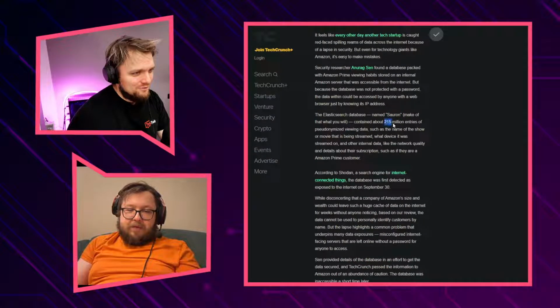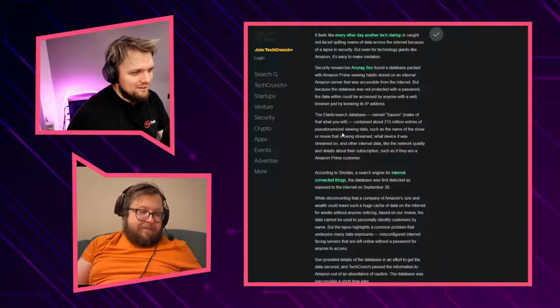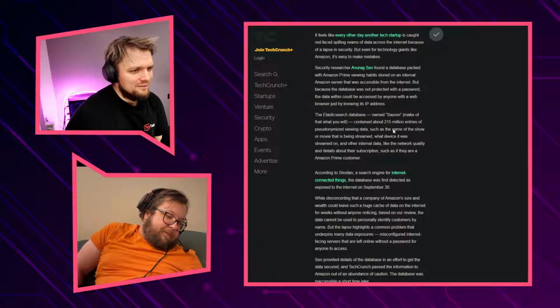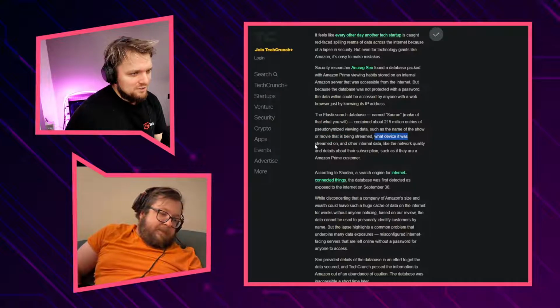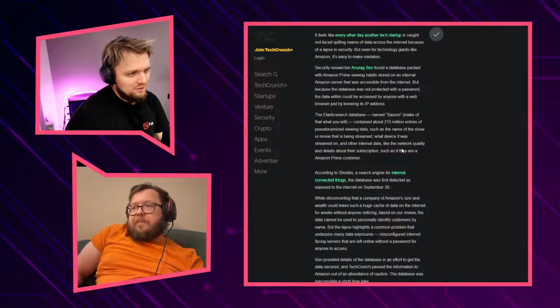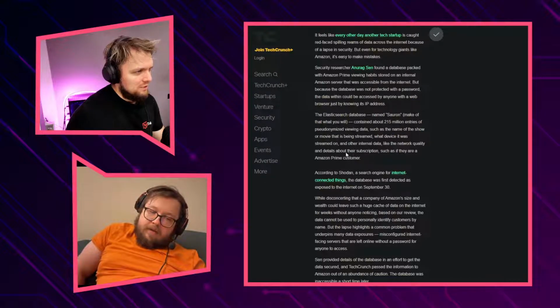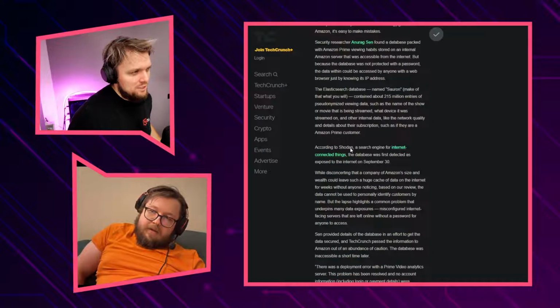So what are the viewing habits? Viewing data such as the name of the show, movies being streamed, what device it was streamed on, other internal data, network quality, and if they were a Prime subscriber. That was all exposed on the internet for everybody to see.